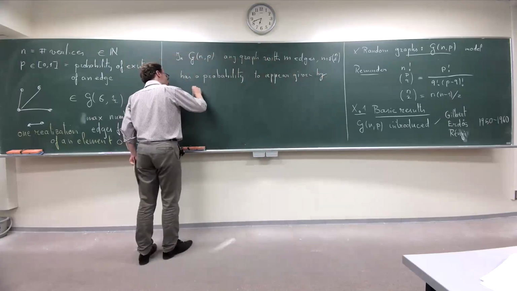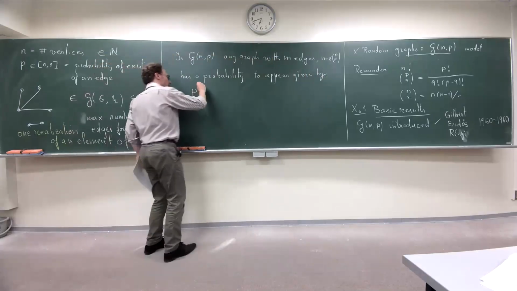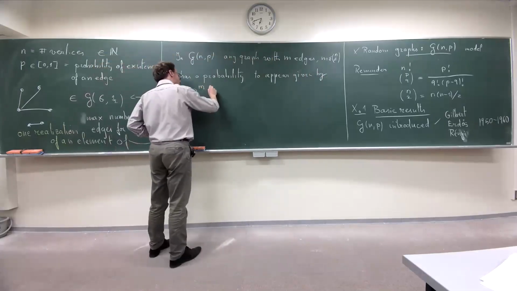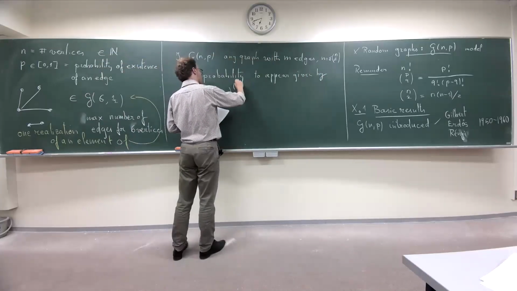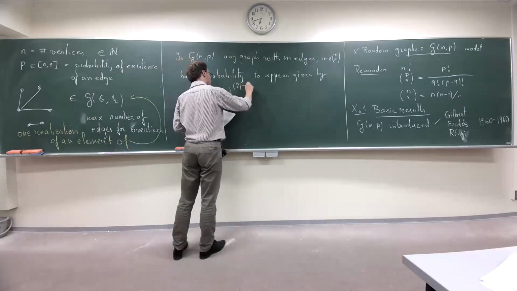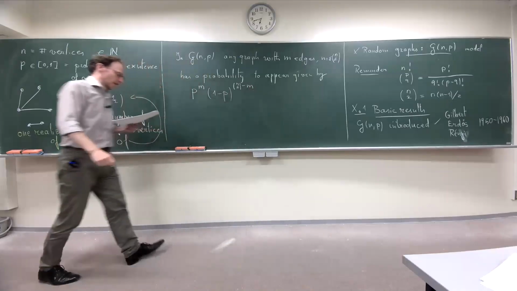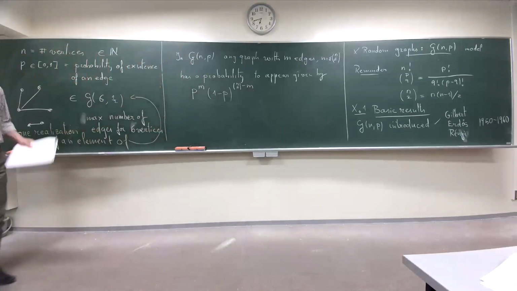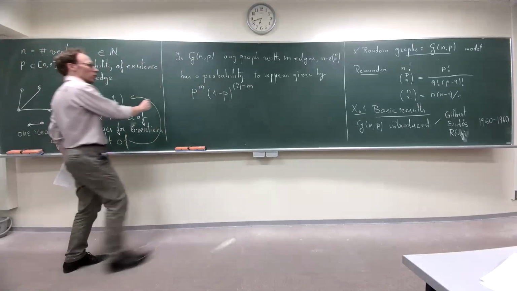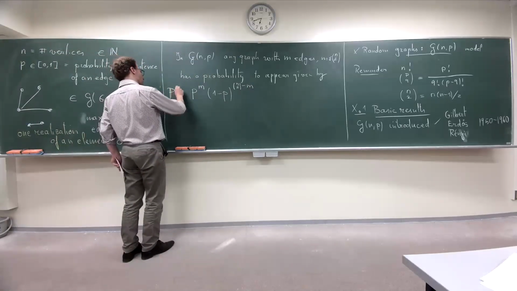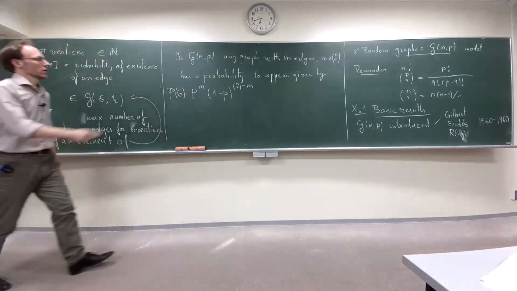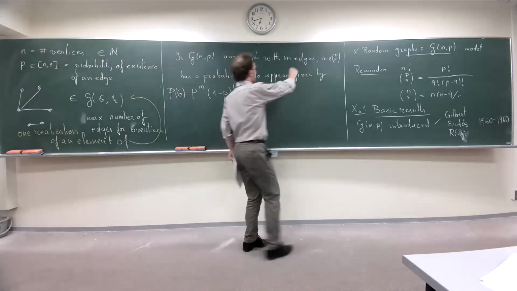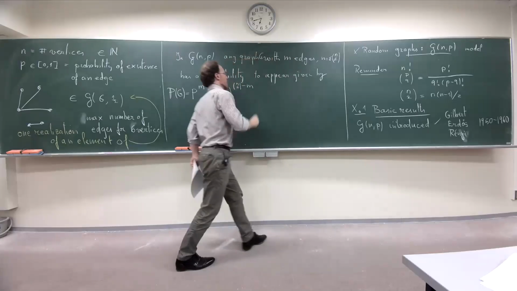It is p to the power m times (1 minus p) to the power n choose 2 minus m. I first write the formula, and I'm going to call this P of a graph G with m edges.